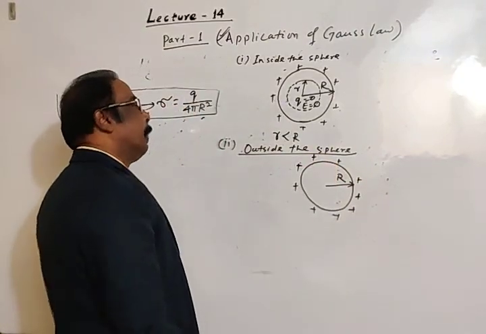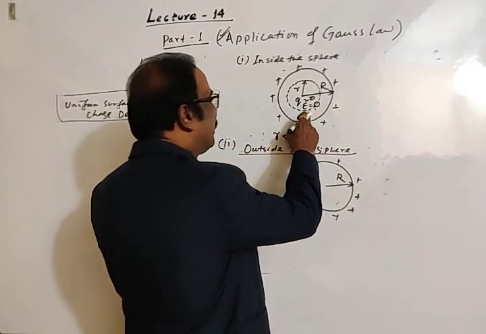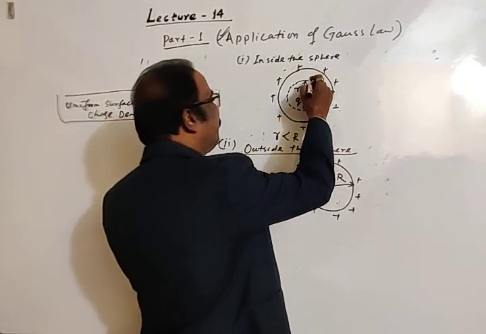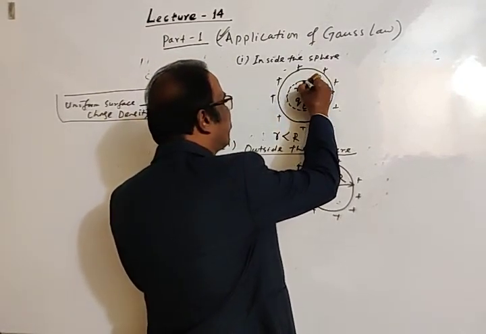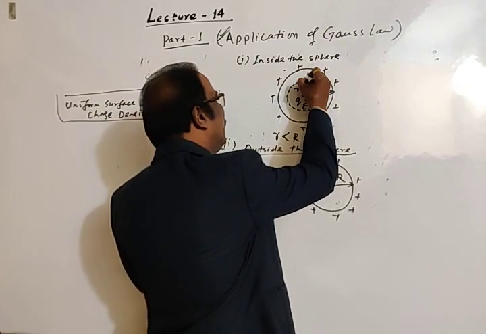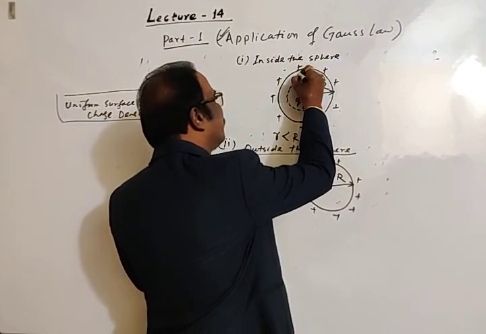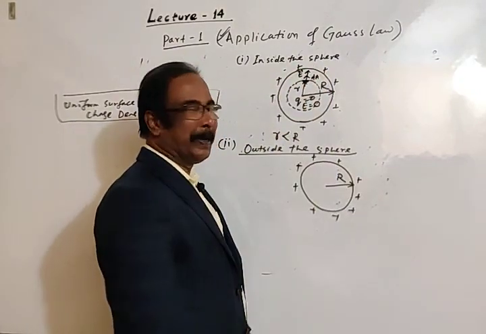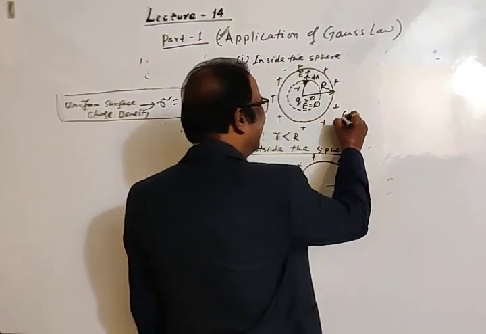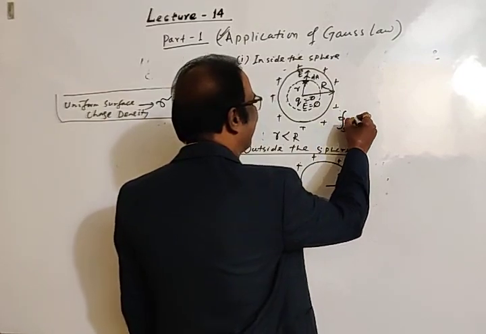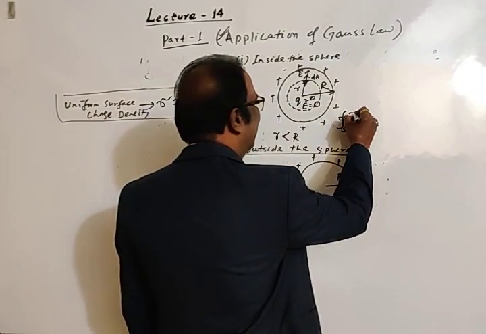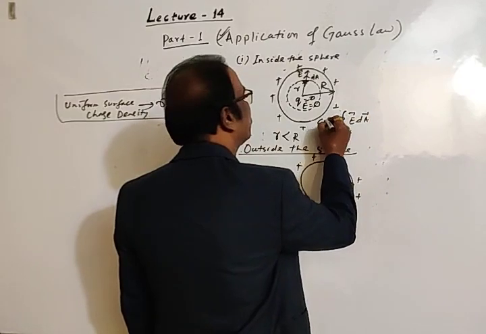Okay. On the surface, I have done it in quick form. You may assume here an elemental area dA. This is the direction of dA, and this is the direction of the electric field. As we know, the surface integral of E dot dA is flux.